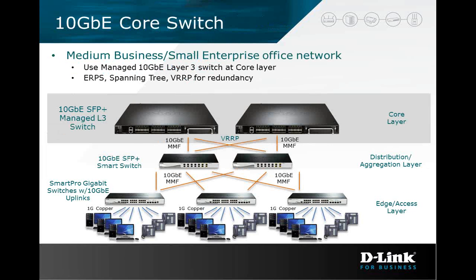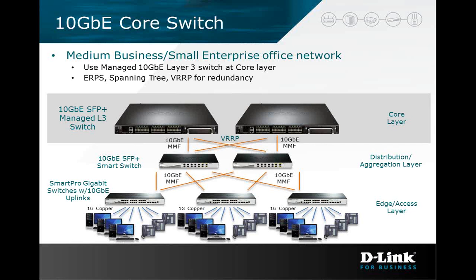And then finally, looking at the core of the network, in a medium-sized business or maybe even a small enterprise office network, I can also use 10 gig switches in the core. Here again, I'm showing a couple of DXS-3600s, and in this case I may be using them as layer 3 switches, doing some layer 3 routing at the same time. For redundancy, we're still going to use protocols like ERPS or spanning tree, and maybe even something like VRRP, which is Virtual Router Redundancy Protocol, up here in the core.